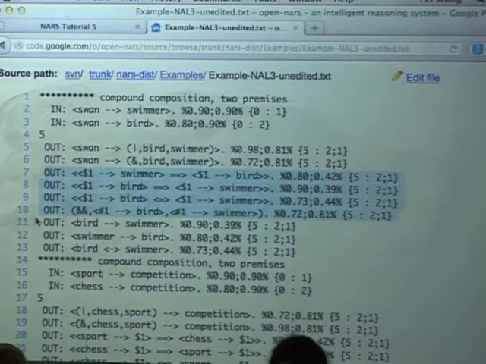Even though, be careful, truth value doesn't necessarily change, but priority will be decreased for sure. Okay? And this one, on the other hand, will be remembered, so the system will remember the extensional version.